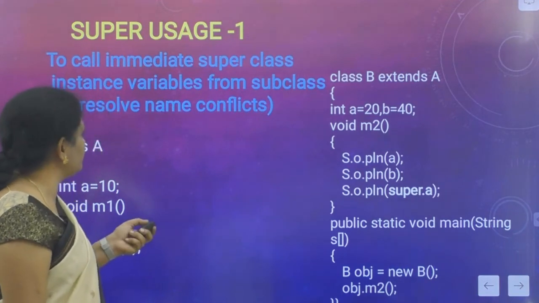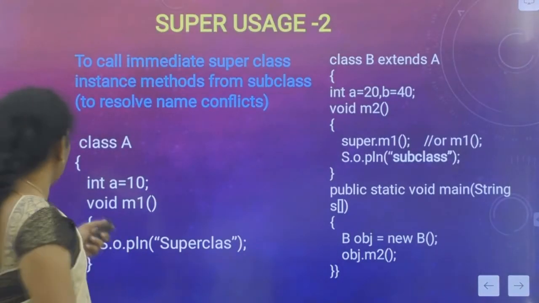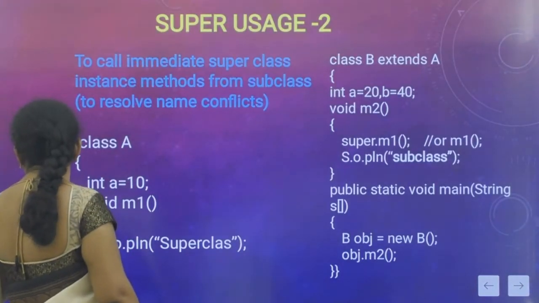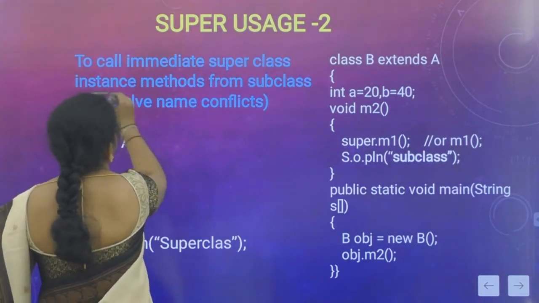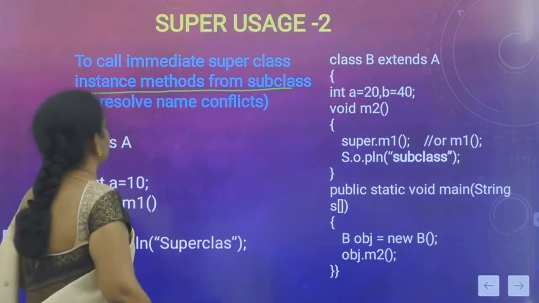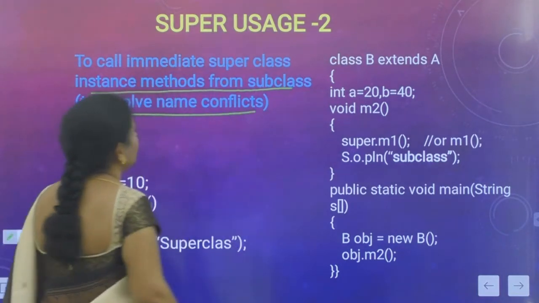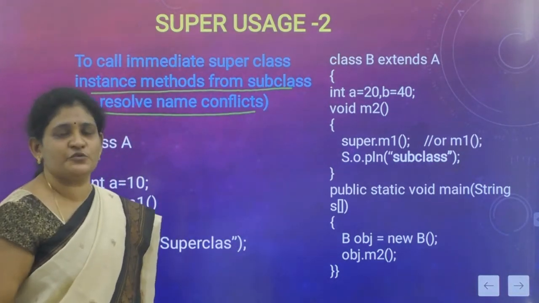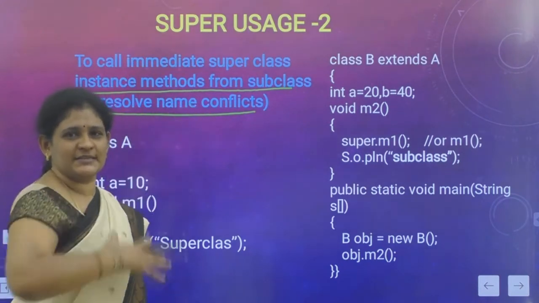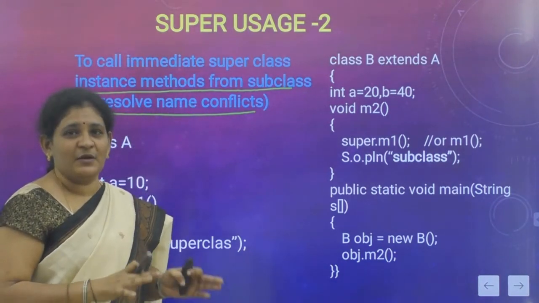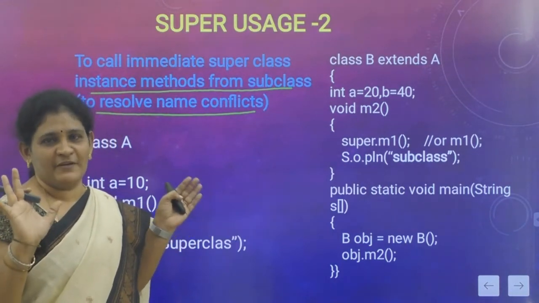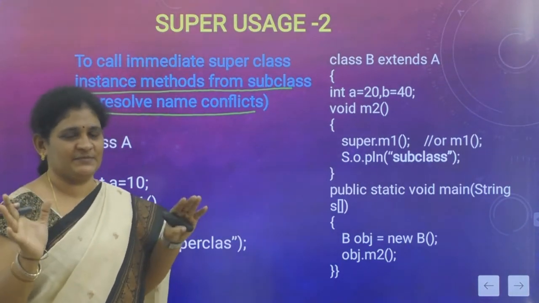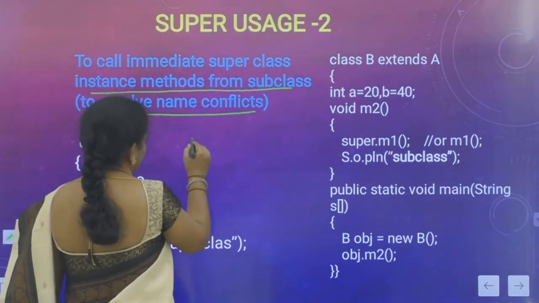What is the next usage of the super keyword? To call immediate superclass instance methods from the subclass, to resolve name conflicts. The second usage of the super keyword is to call superclass instance methods when both the classes are having the same method names. I'll give a pictorial representation for you.